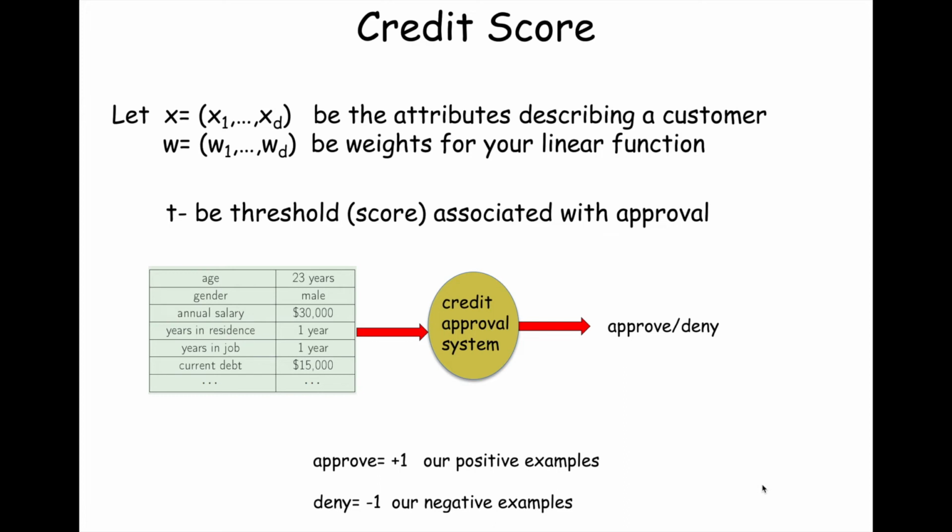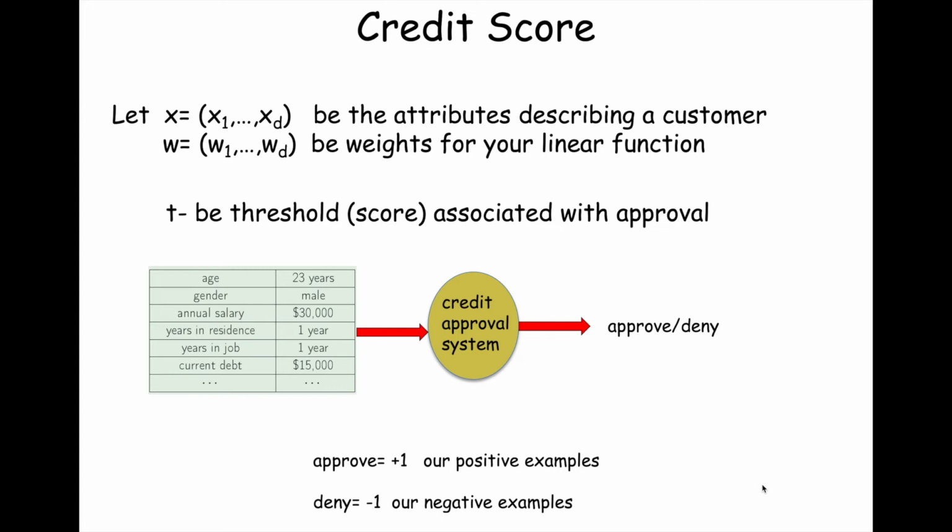So now we're going to introduce this notion of a score. And the score is going to be a number, a scalar, and we're going to call that T. And T is going to be a threshold, such that if we compute the weighted sum of the terms in our W vector and the terms of our feature vector, X, and that weighted sum is greater than that threshold, then that means you're a safe risk and you get credit.